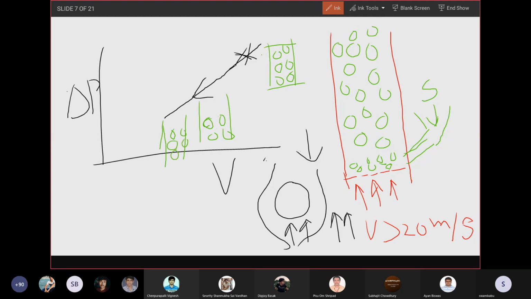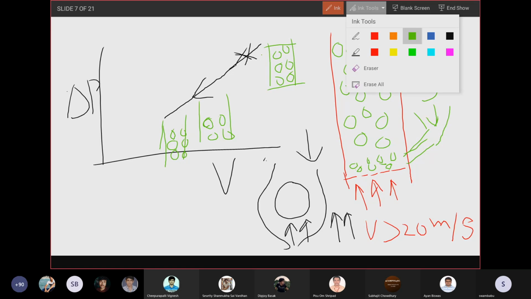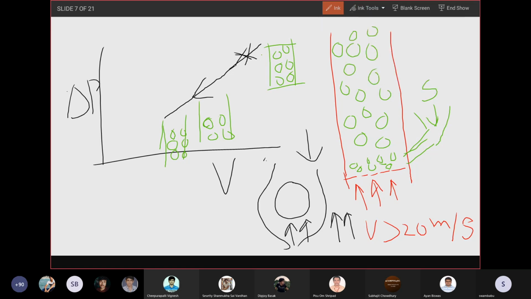The particles come so close that air is only flowing between the particles rather than lifting the particles. A major amount of air is just pushed in between the particles.